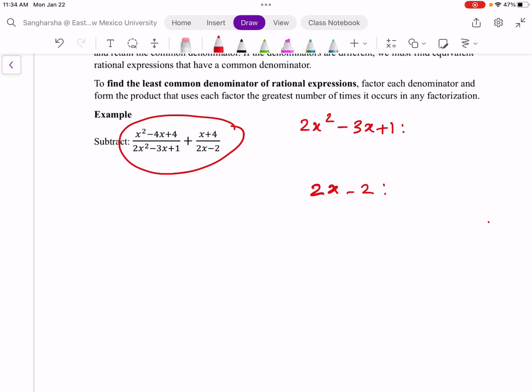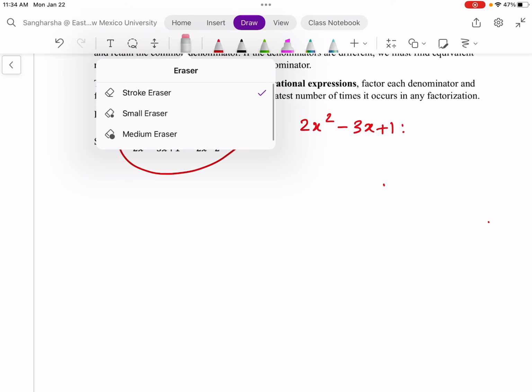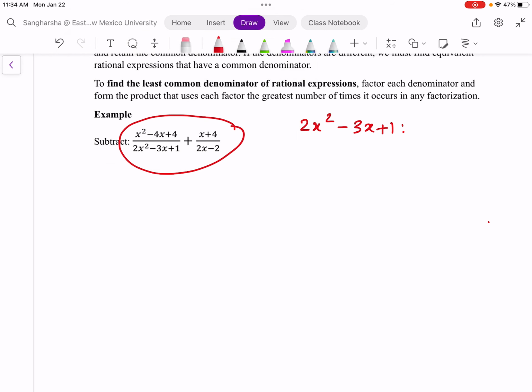Now how do we factorize 2x squared minus 3x plus 1? What method do we use? The coefficient of the squared term is not 1, so we use the AC method. In the AC method, we multiply A and C, right? So our A is 2, C is 1. 2 times 1 is 2.